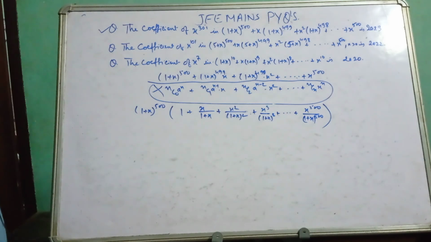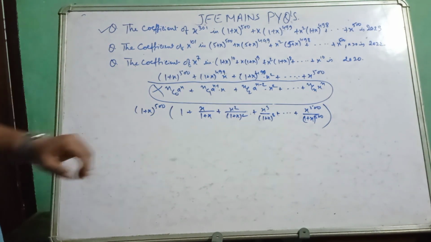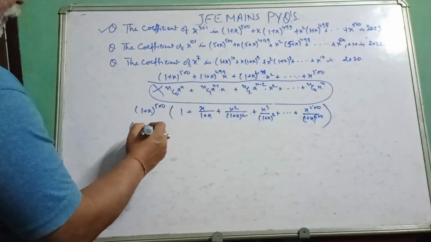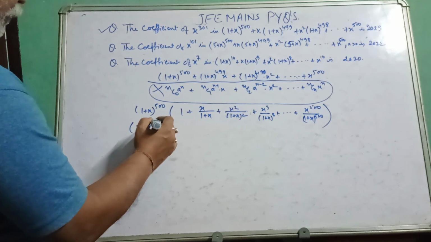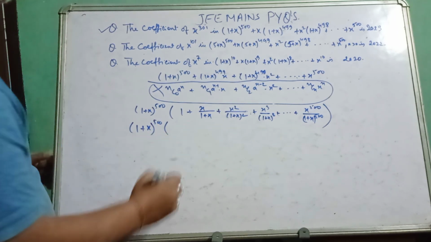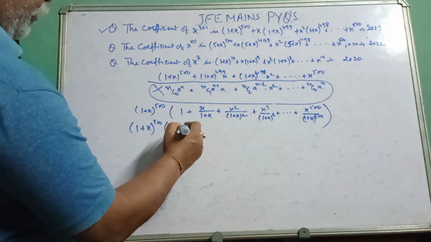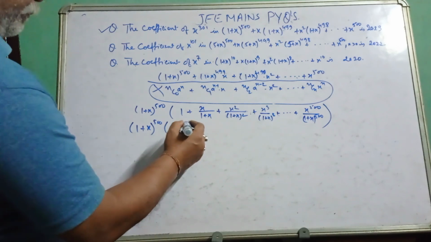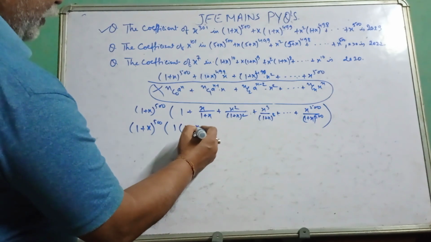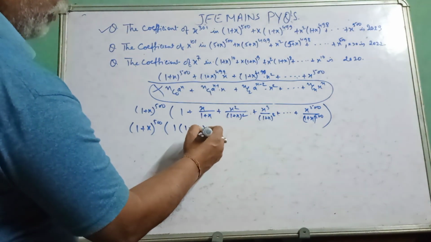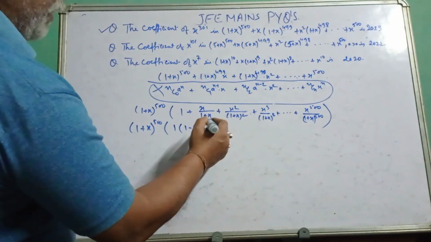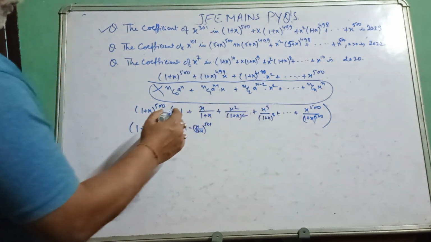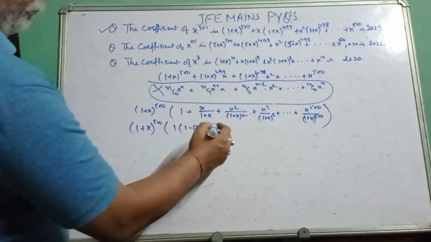Now here you see this series is in GP. So this will be 1 plus x to the power of 500 times, where a is your 1, common ratio is x by 1 plus x, and the number of terms is 501, because from 1 it is 500, from here it is 501.